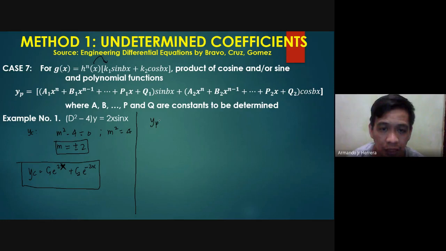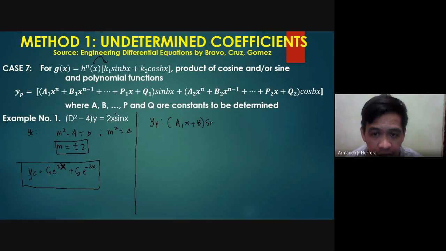Para kay yp, since ang yp natin ay 2x sine of x, so combination siya ng x to the 1, that's a polynomial function, and a sine function. So magkakaroon tayo ng, para kay sine x, a1 x plus b1 sine x plus a2 x plus b2 cosine of x.